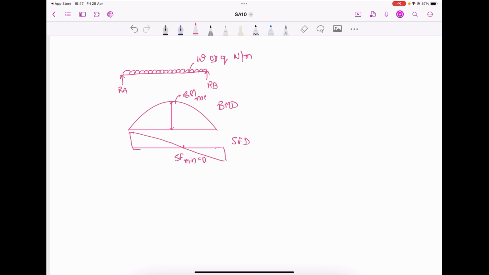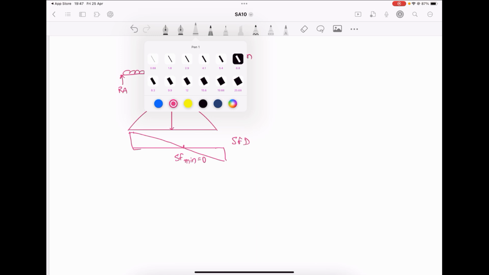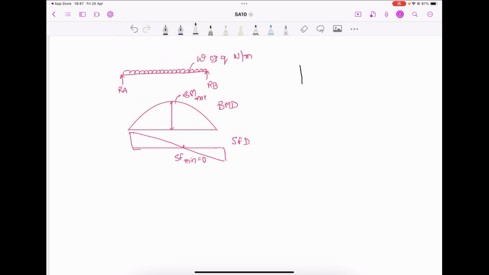Throughout your study, the sign convention should be uniform. Like I have explained in my previous classes, please see the video. The sign convention will be like this. This is the shear force. And when shear force acts like this, what happens?